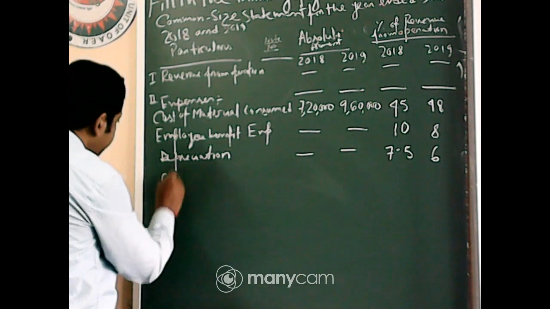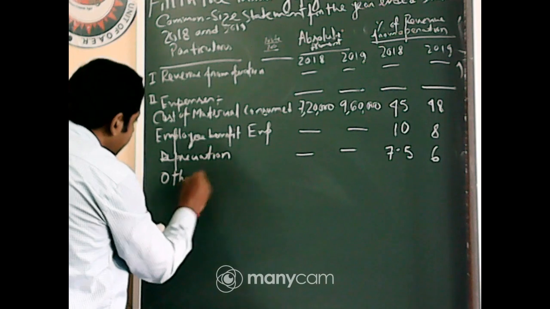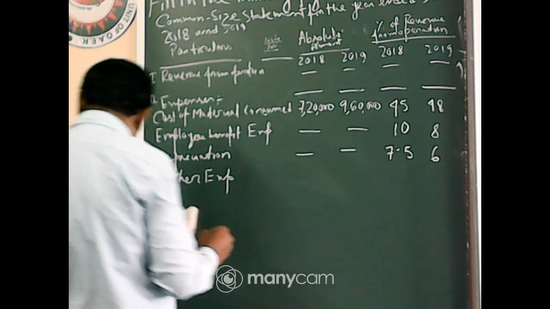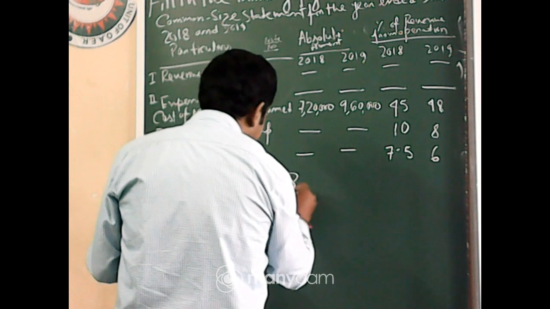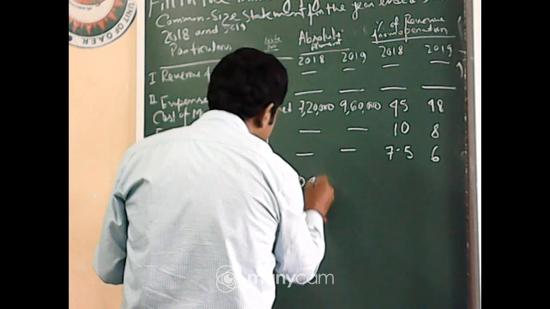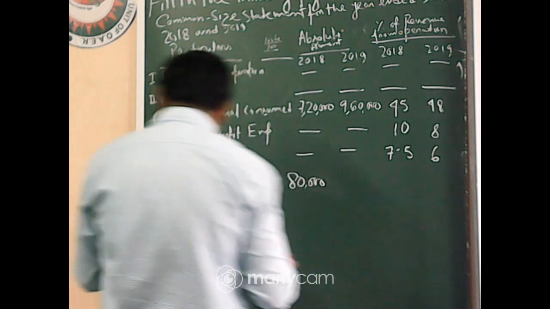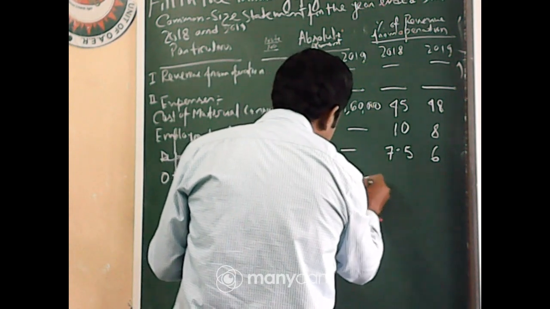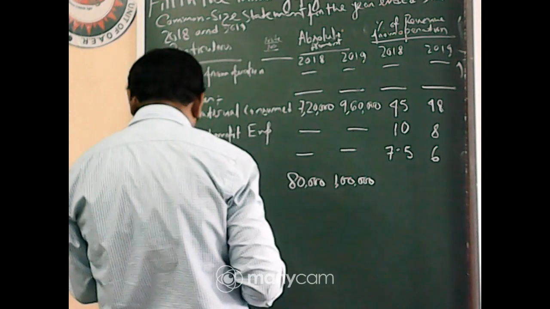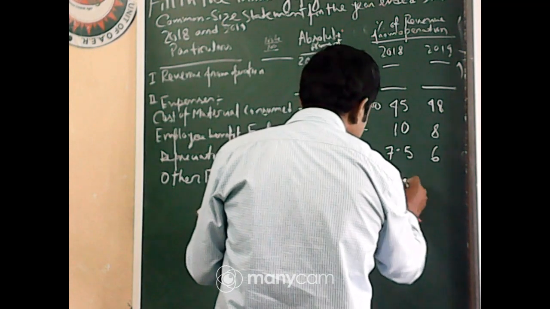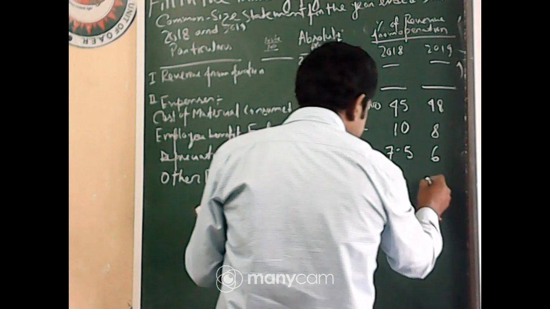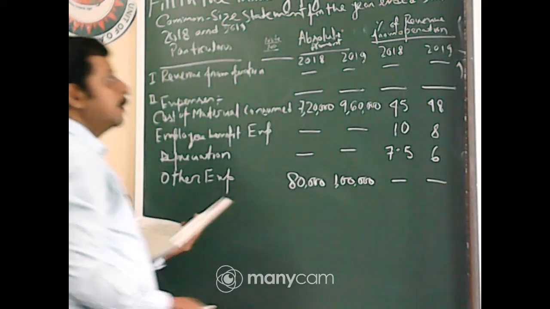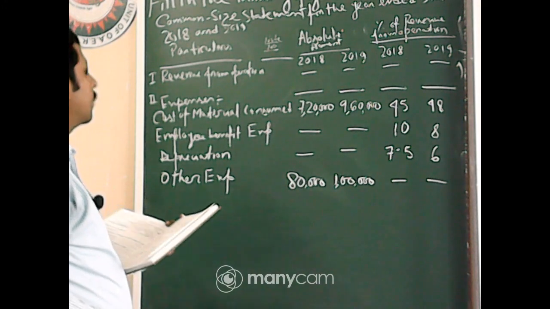Then other expenses are also there, that is 80,000 and 1 lakh. But no percentage is given on the basis of revenue from operation.